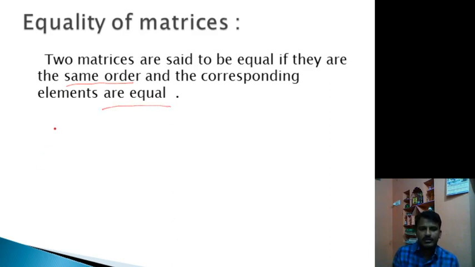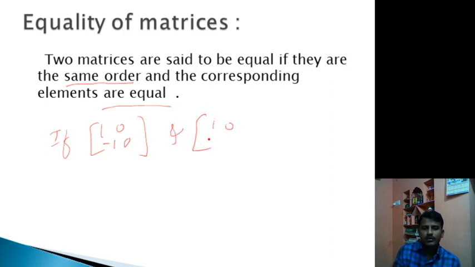For example, if 1 0 minus 1 0 and 1 0 1 0, can you say that these two are equal?